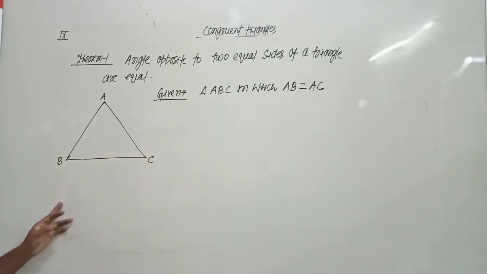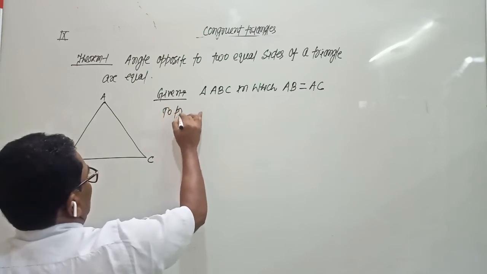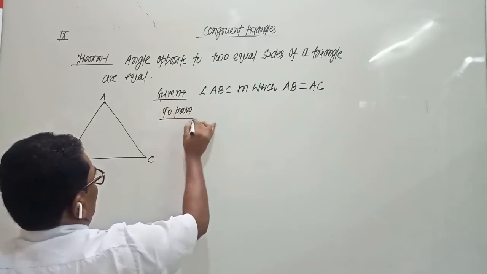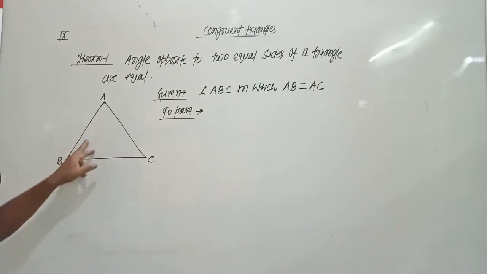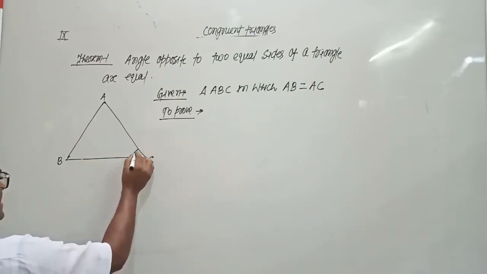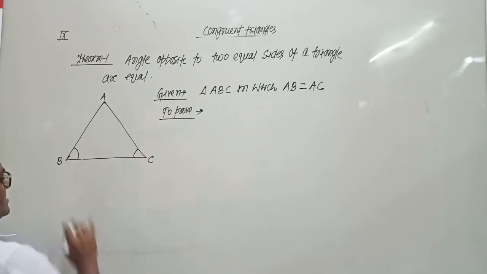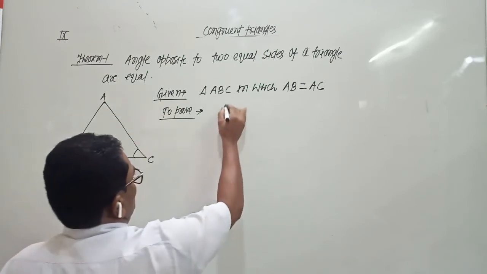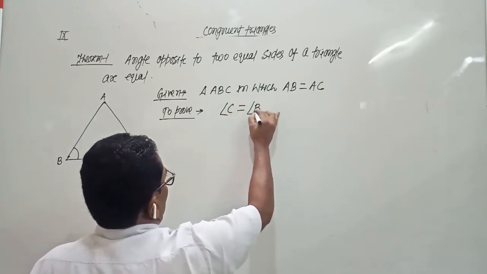To prove: the angle opposite to side AB is angle C, and the angle opposite to side AC is angle B. To prove angle C equals angle B.